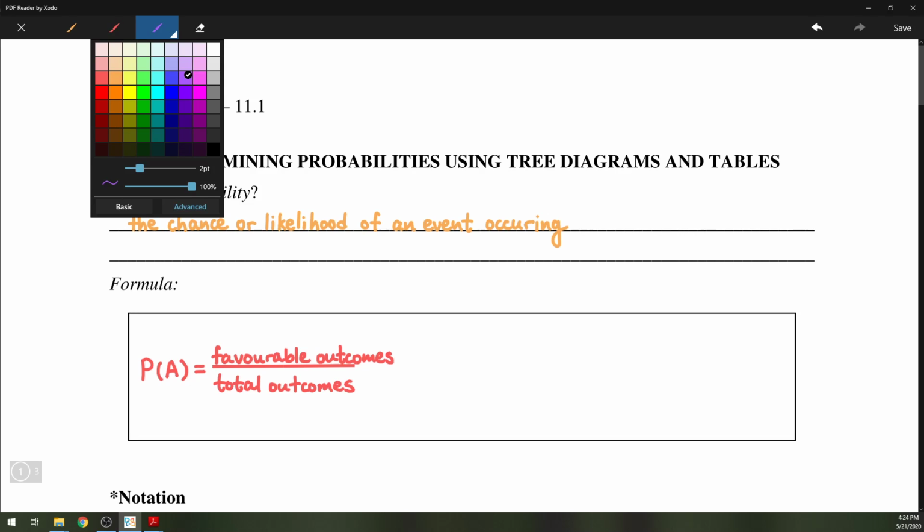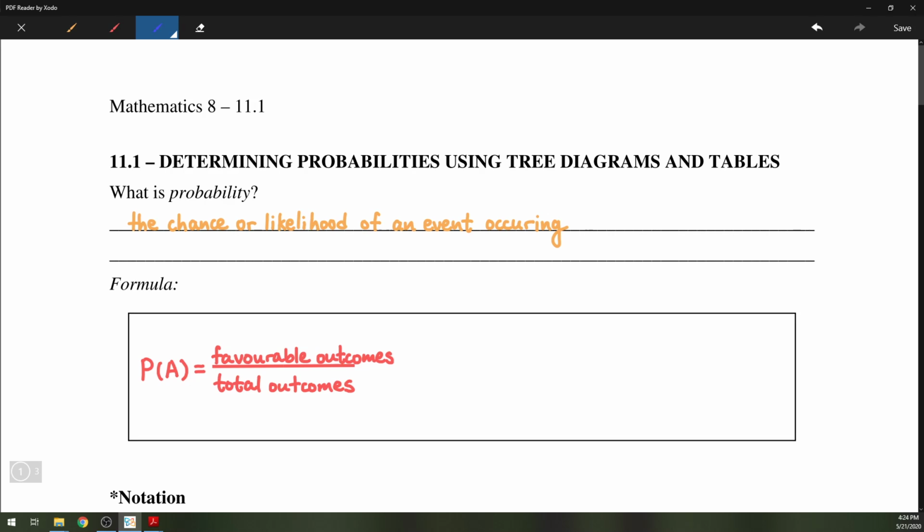Okay, so in this context, favorable means the outcomes that we want. And I'll give an example of that in just a moment. Okay, so here, again, specifically, this is the theoretical probability.